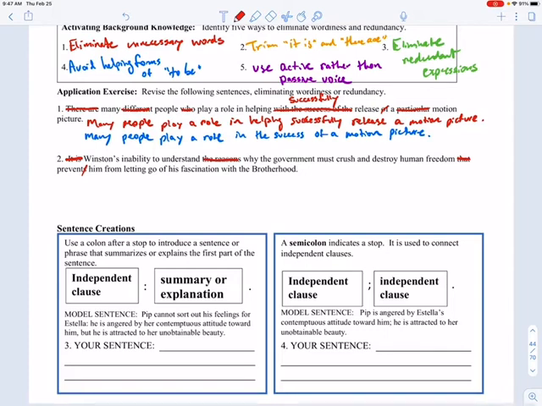So let me see, I'm left with Winston's inability to understand why the government must crush and destroy human freedom. I probably don't need both those words. Do I want crush or destroy? Maybe I stick with destroy.